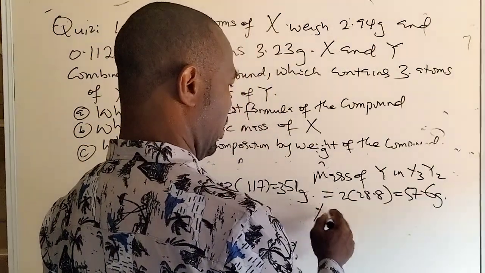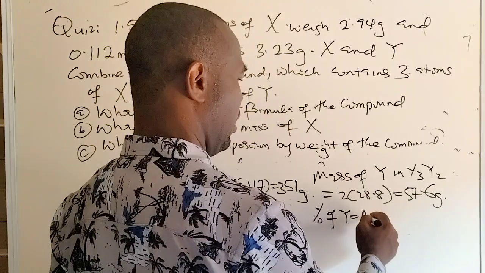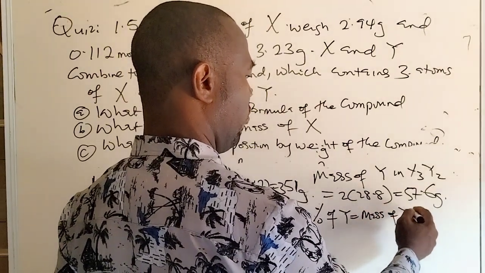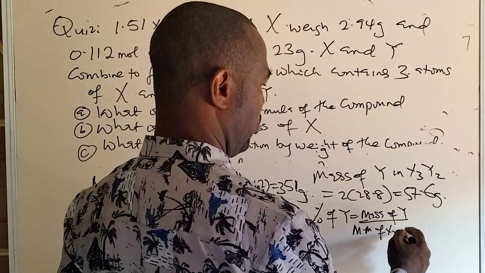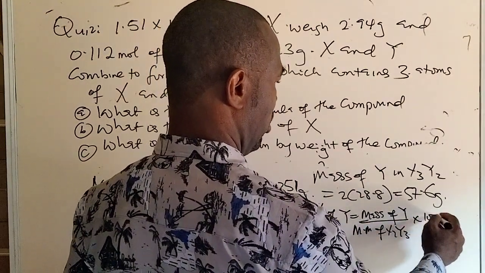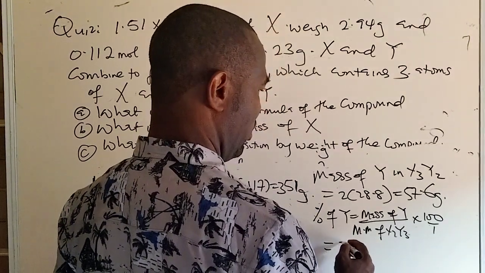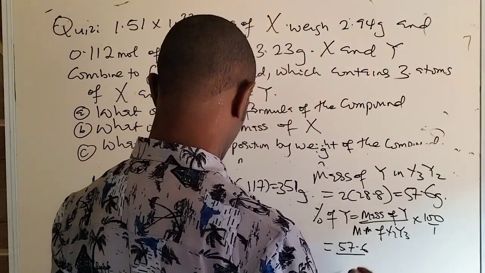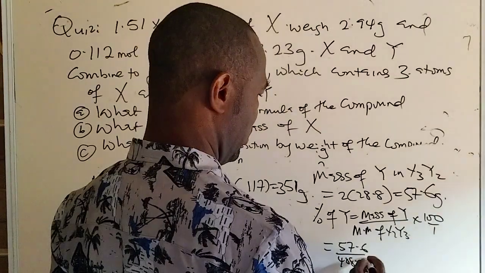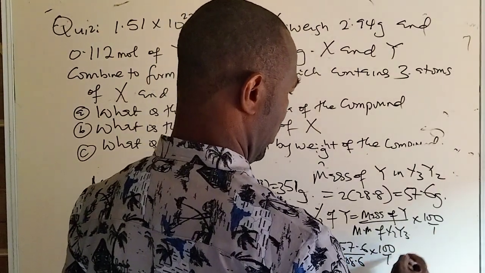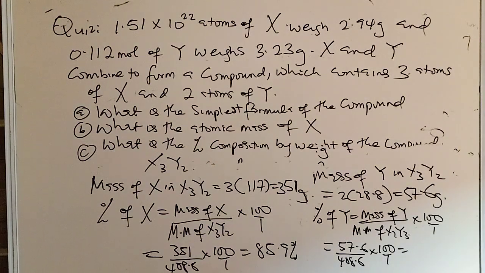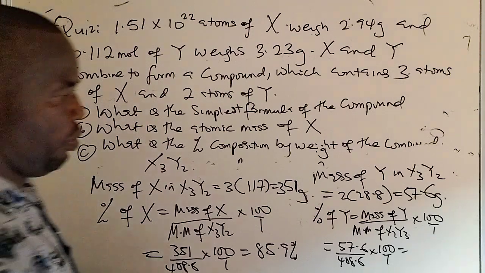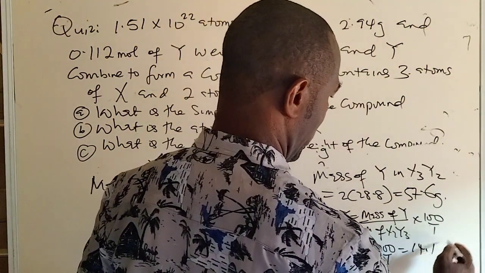So percentage of Y becomes mass of Y all over the molar mass or the molecular mass of the compound, S3Y2, times 100 over 1. That becomes 57.6 all over 408.6 times 100 over 1. When you solve that, the answer becomes 14.1% of Y in the compound.